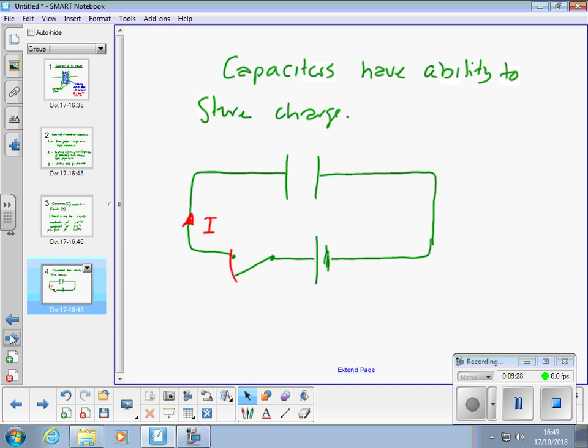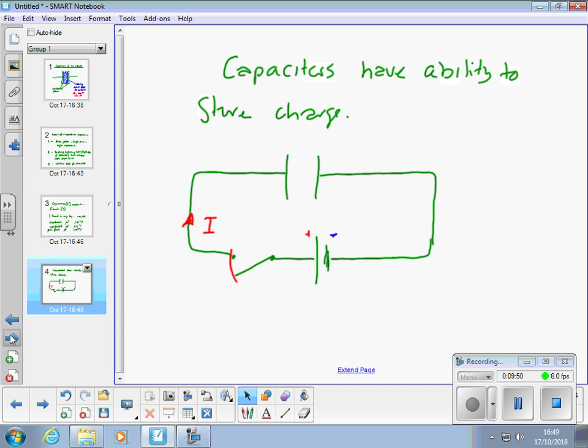Although we use the convention that conventional current flows from the positive terminal of the battery round the circuit to the negative terminal of the battery, in actual fact the flow is electrons in the opposite direction.